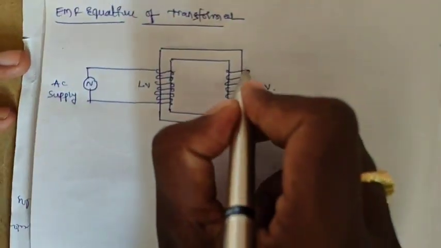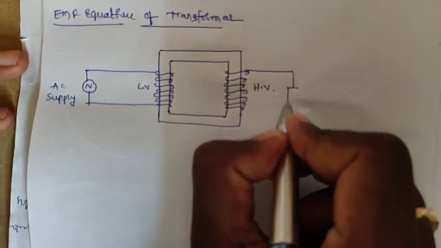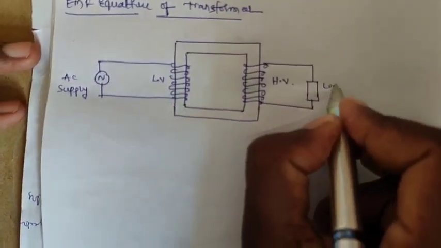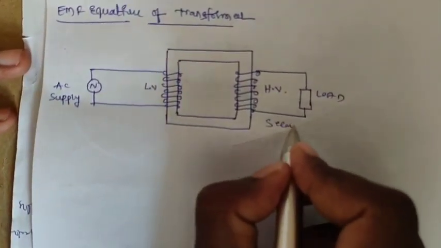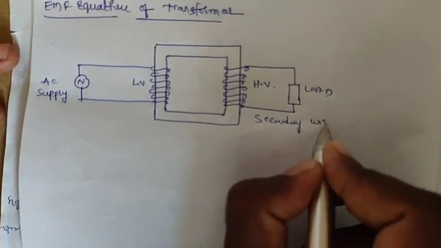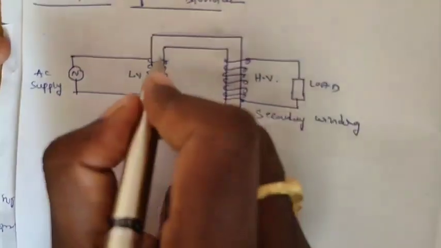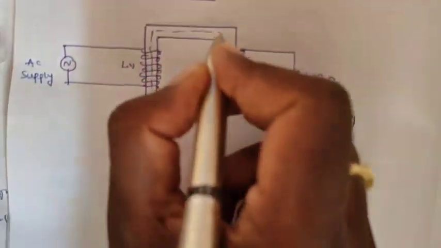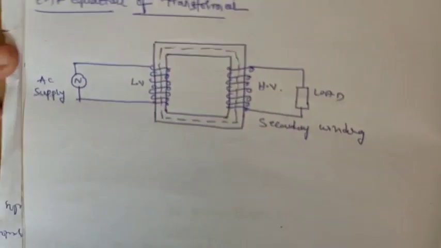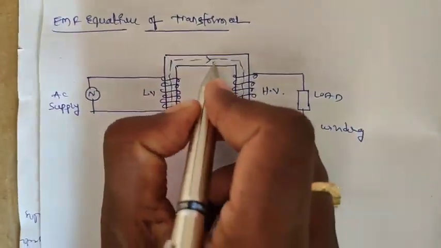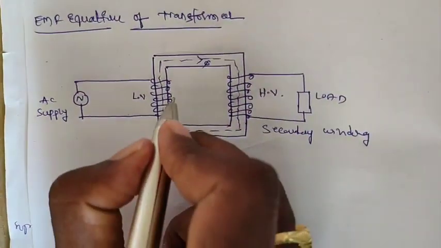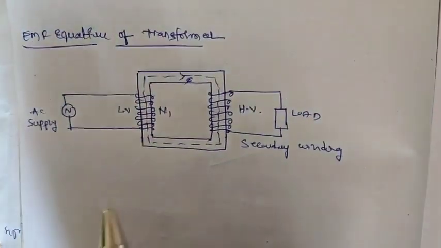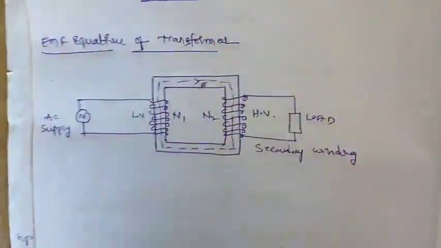If the winding is connected to the load, that is called the secondary winding. This is the flux. The number of turns is N1 for primary, and N2 for secondary.